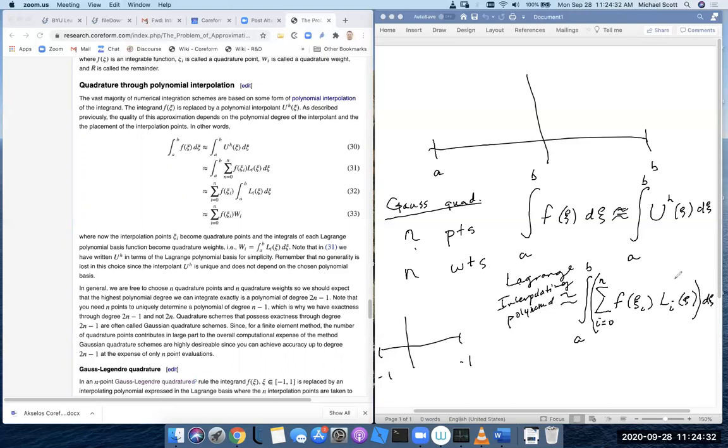Okay, and then we can invoke linearity and show our next step. We can pull the sum out, and then you should start seeing that, oh wow, this looks like a quadrature rule.